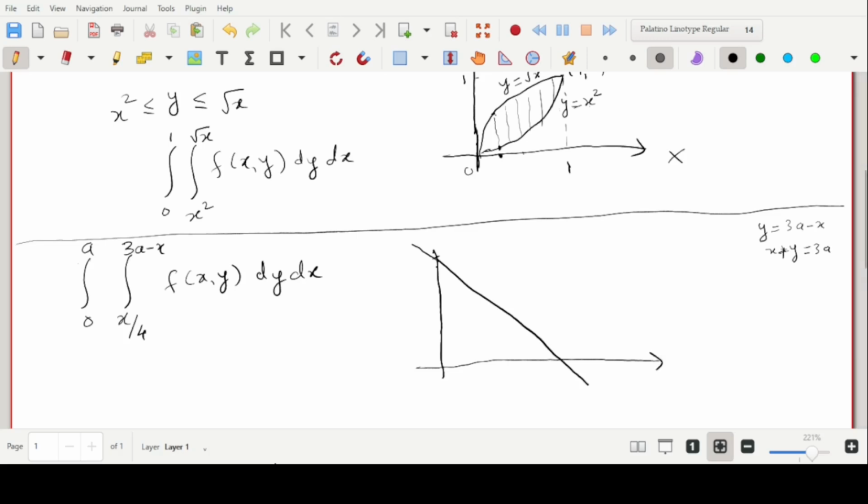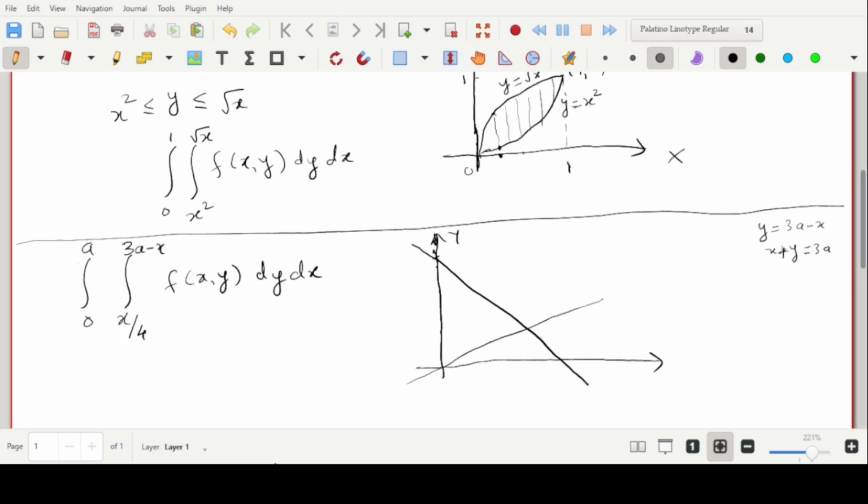Okay, this is the y-axis. Okay, fine. And y equal to x over 4 is the line which is passing through the origin and having slope equal to 1 over 4. So something like this we can roughly draw it in this way.